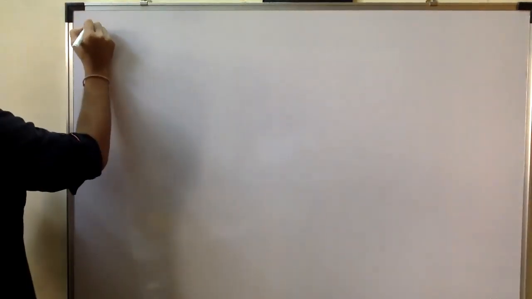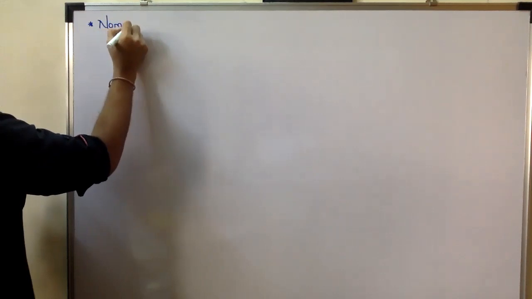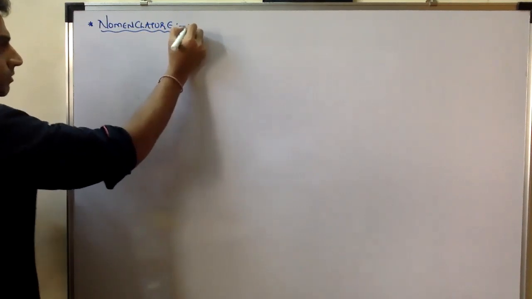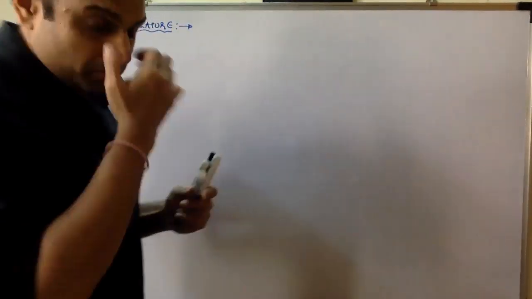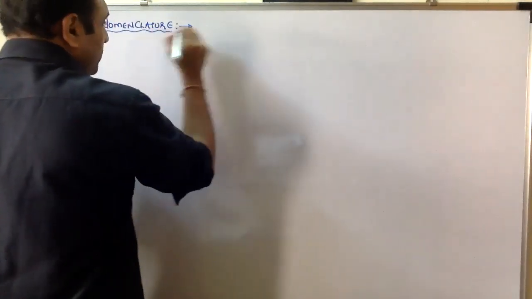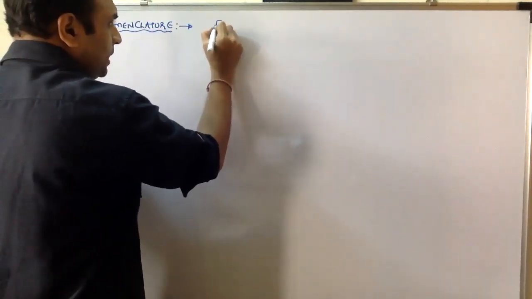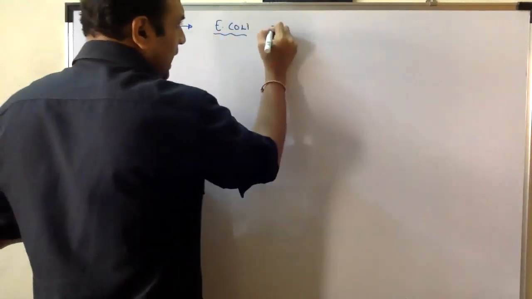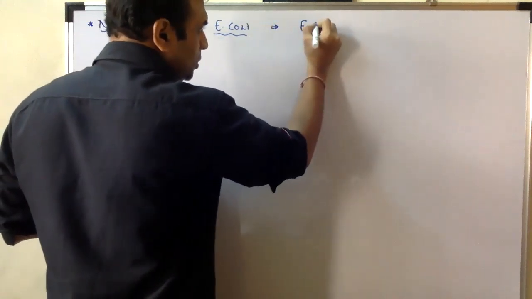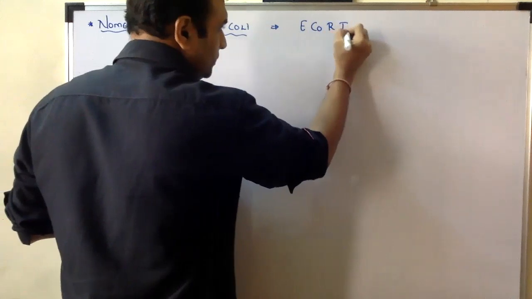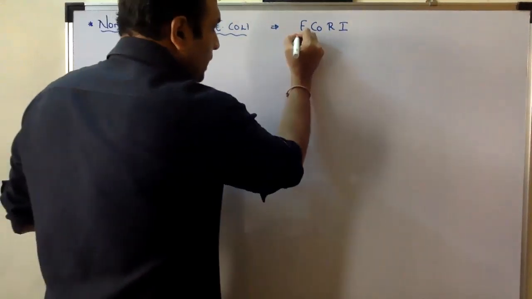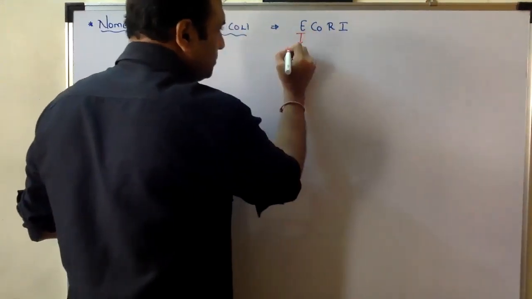Now, let us understand nomenclature of REN. Okay, listen. Now, remember, as I told you, the RENs are named after the bacteria. For example, there is an REN called as EcoRI. Okay, now let us understand what exactly we mean by the word. Now, E, or the first alphabet, is nothing but genus.